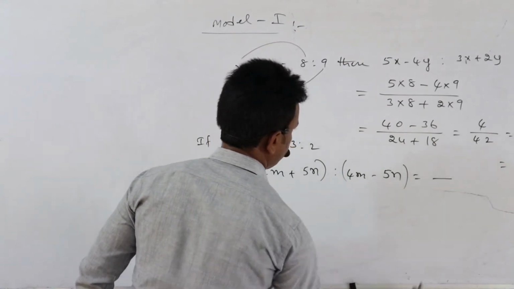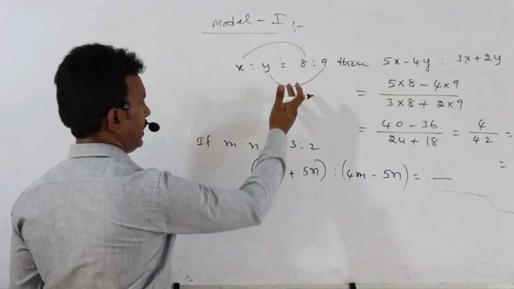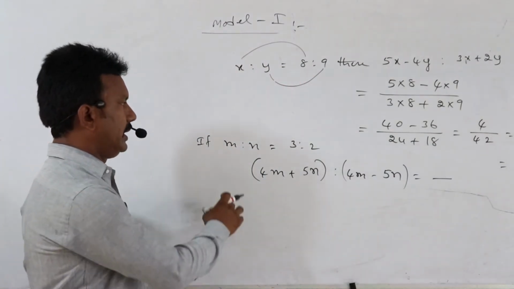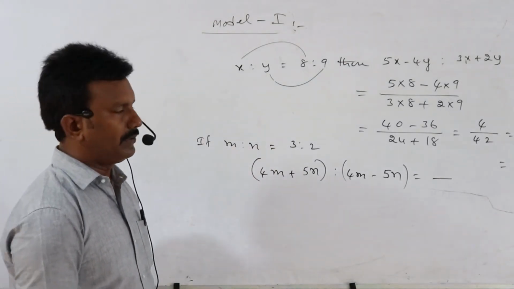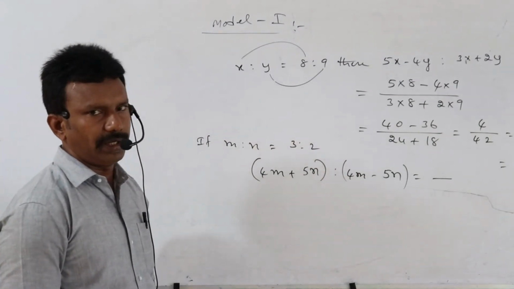So this is a similar problem. Here instead of x and y we have m and n. Given m is to n is equal to 3:2, what is the ratio of 4m plus 5n is to 4m minus 5n?